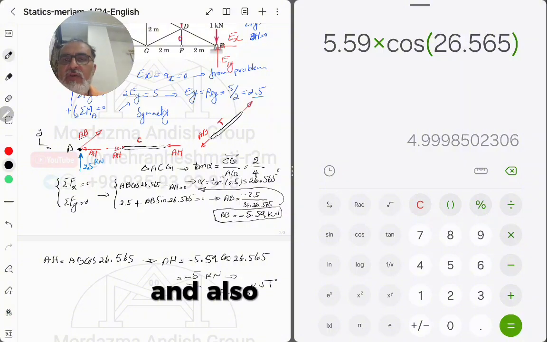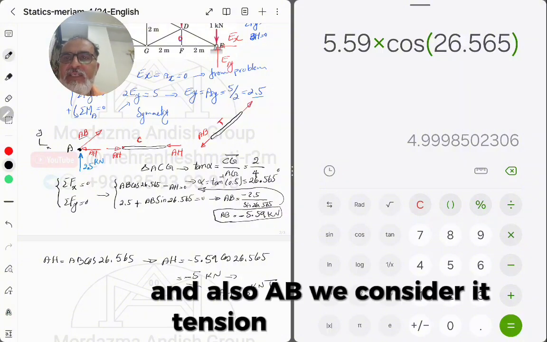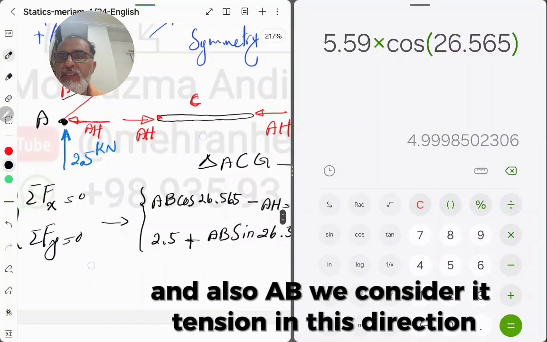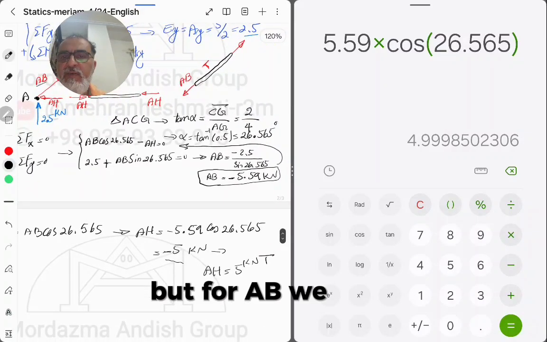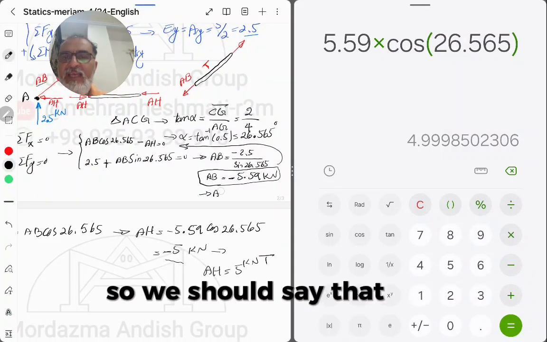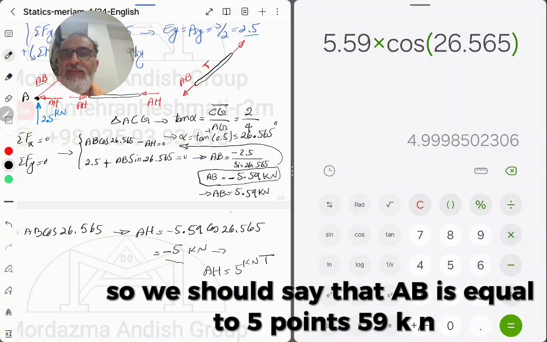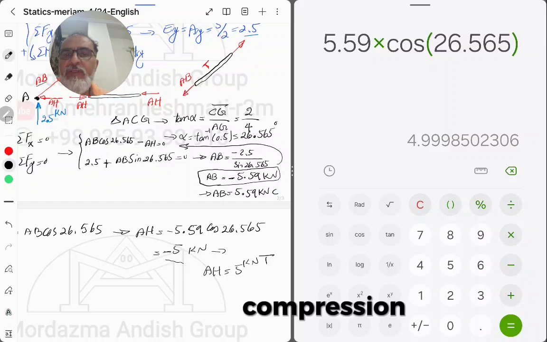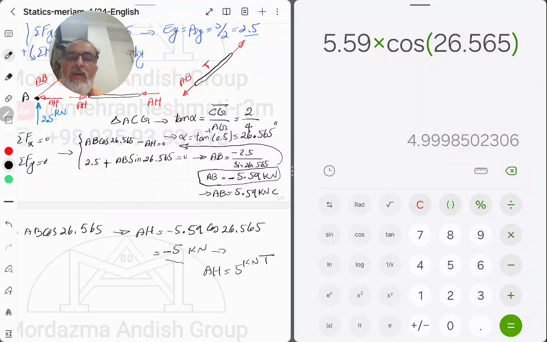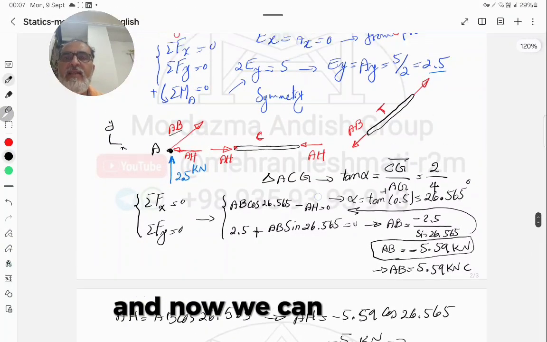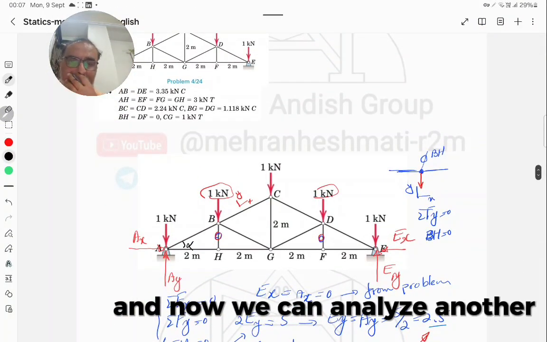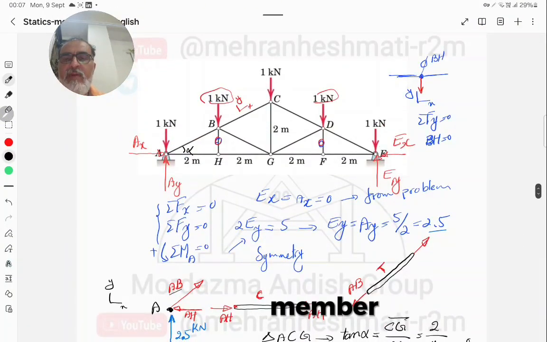And also AB, we consider it tension in this direction, but for AB we find that it's negative. So we should say that AB is equal to 5.59 kN compression. And now we can analyze another member.